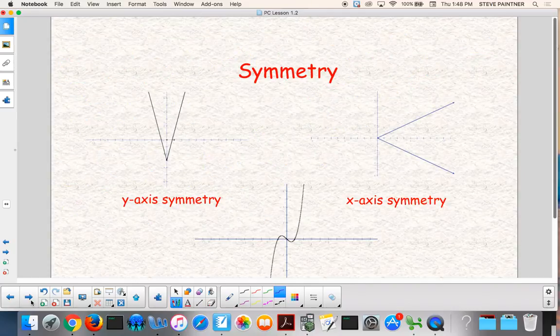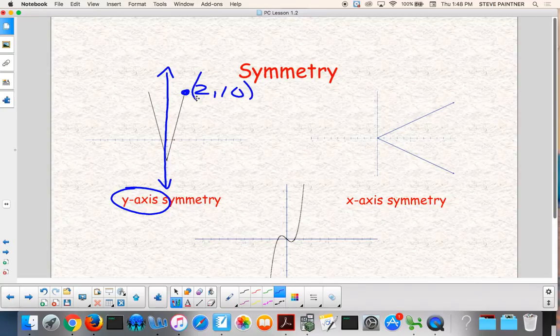Okay. Here comes your symmetry. Many graphs are symmetrical, and they can be symmetrical according to what axis here? y. This one is symmetrical to y, and the nice thing about that is if you knew this point was 2 comma 10, do you know this point over here?